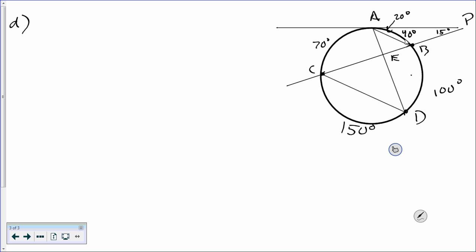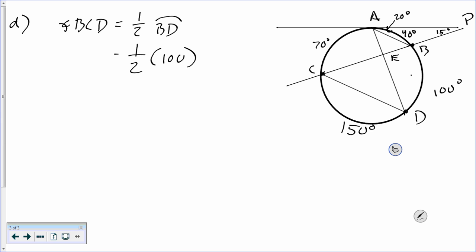But here, we know that angle BCD is inscribed, which means it's equal to 1/2 of the intercepted arc, BD. Well, we found that 1/2 of 100 is going to equal BCD, which is 50 degrees. Okay? Good, so it's going to be 50 right here.